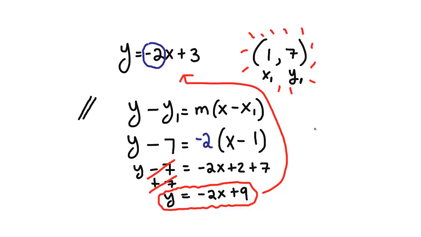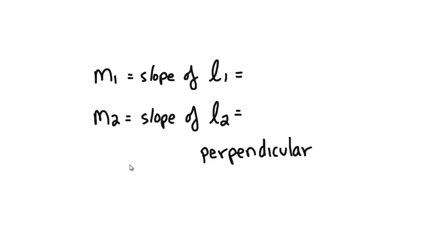Okay? Alright, so now let's take a look at the slopes of perpendicular lines. We're going to let M1 be the slope of L1, and let's say that's equal to 3/2. And we're going to let M2 be the slope of L2, which is the second line, and we're going to let that be equal to -2/3.